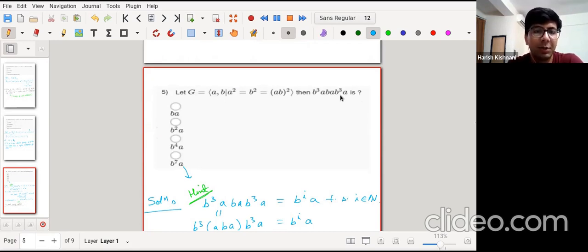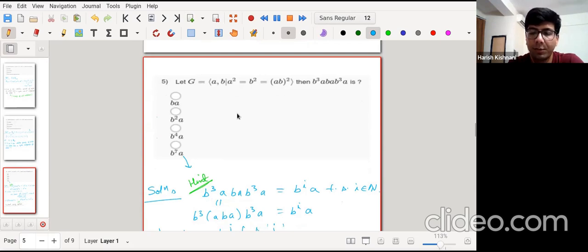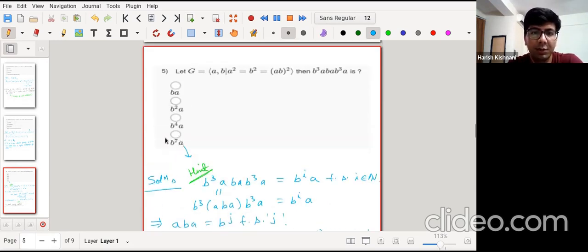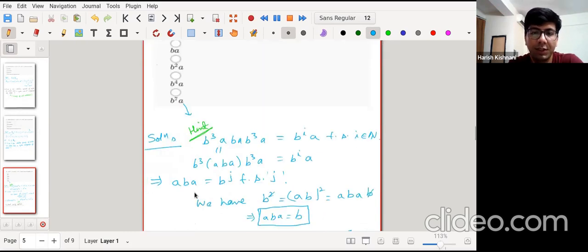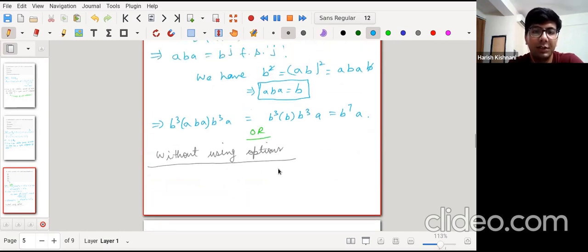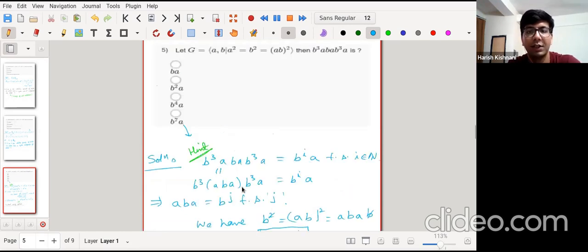At least some option should be there. So what I mean is, if you have more options and you don't know which kind of element this is, then you need to do it by directly using your relations.